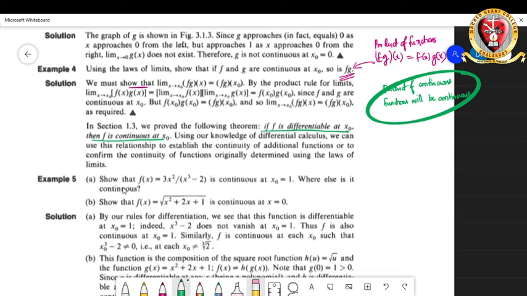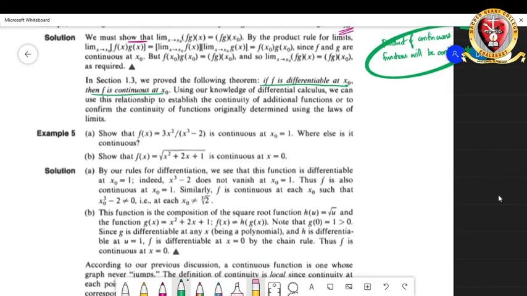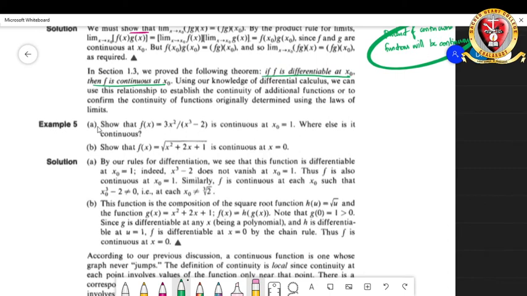So example 5 asks us to show whether the given function, which is equal to 3x squared by x cubed minus 2, is continuous at x naught equal to 1, and we have to infer where the function will be continuous also.